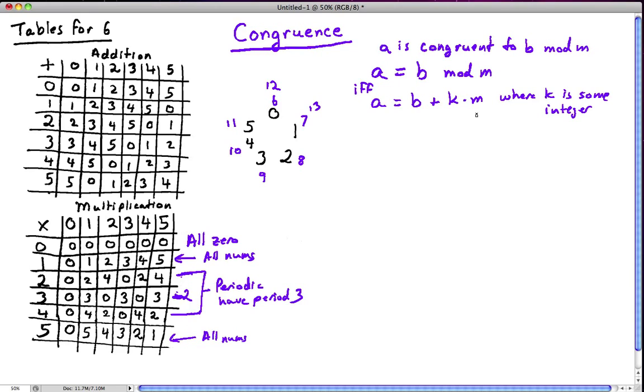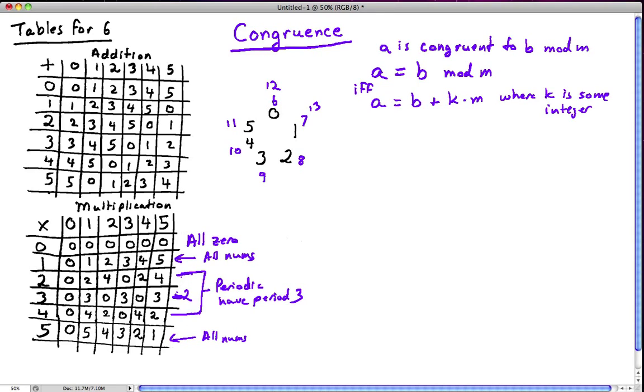A equals B mod M if and only if A equals B plus K times M. So the two numbers are related to each other through a multiple of M. Here we have mod 6, so 0 and 6 are related through a multiple of 6, an additive multiple.